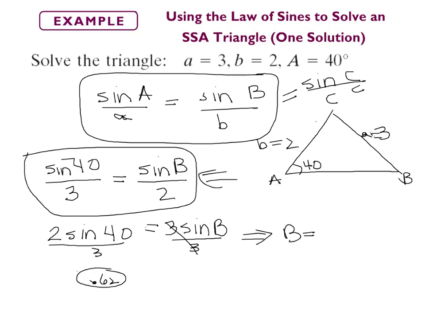Sine of B is equal to 0.62. So this is a value. This over here gives me a value. What is B? Is B going to be a value or an angle?